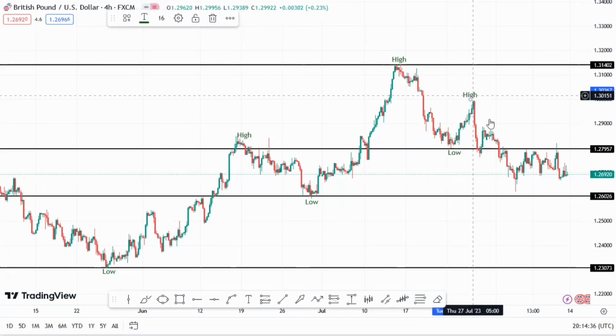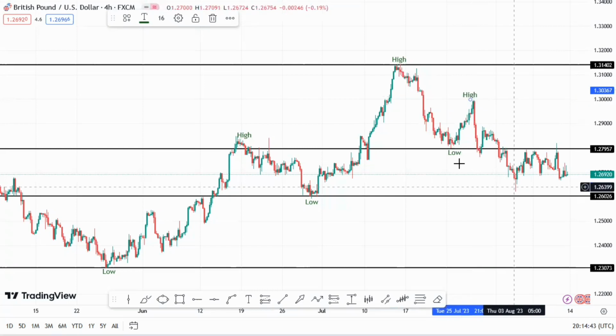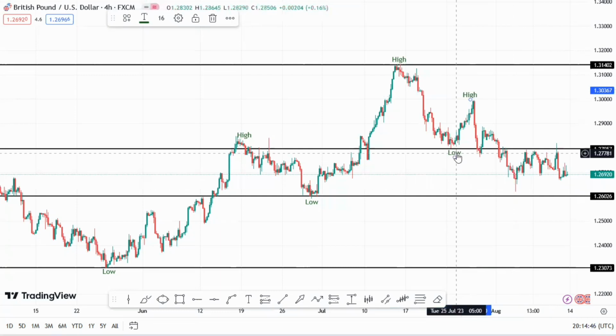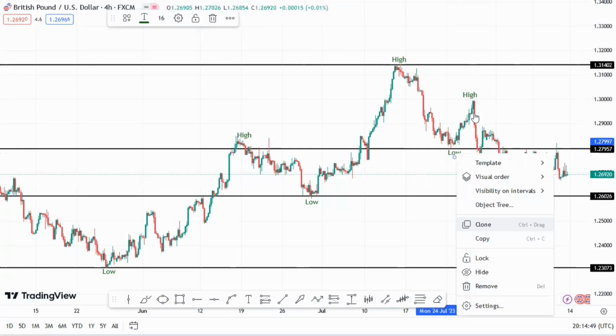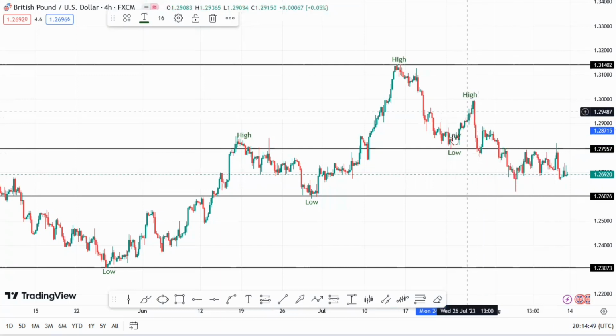So we created this high right here, and we went again to create another low here. We are changing direction.